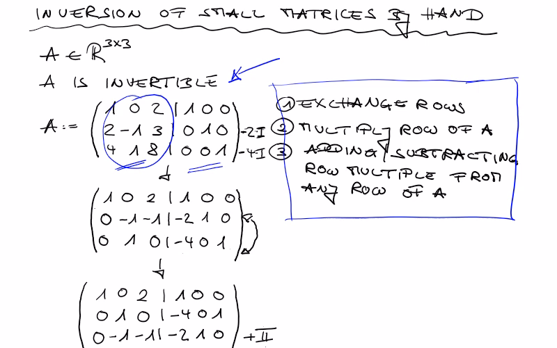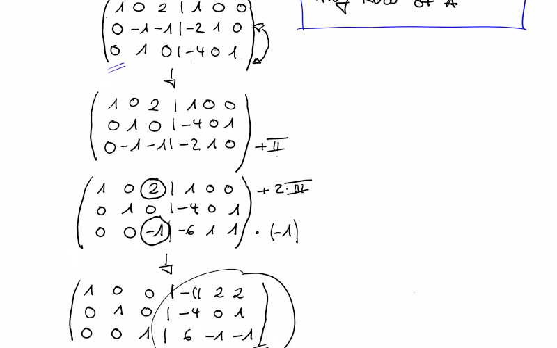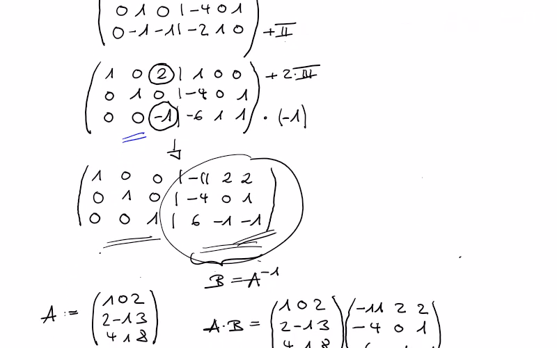And to guide this and not just start fiddling around, you first get the first column into the form of the identity matrix. Once you achieve that, you do that for the second column. And once you achieve that, you do that for the third column in this case. Or if you dare to go to larger matrix sizes, then of course you have to go on until you have done all columns.